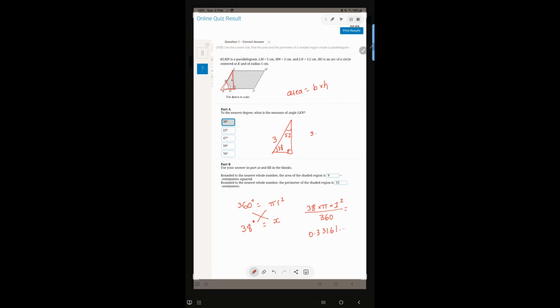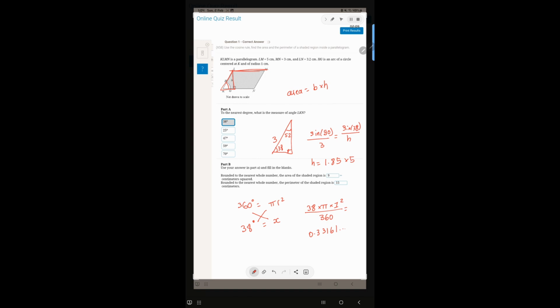So sine 90 over 3 is equal to sine 38 over h. Cross multiply on your calculator. You get h is approximately 1.85. So what you do is multiply this by the base, which is 5.